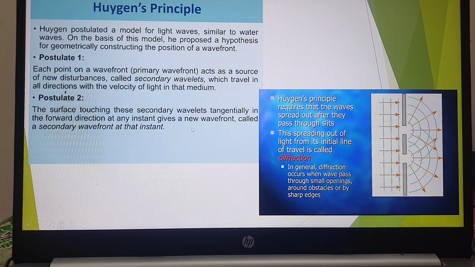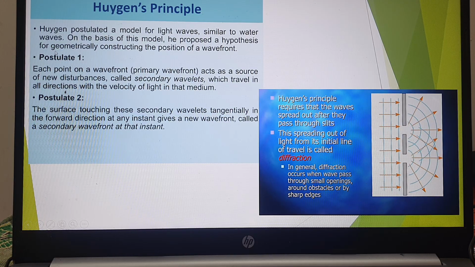After Young, one more famous scientist is Huygens, known for Huygens' principle. He explained the pattern of diffraction.